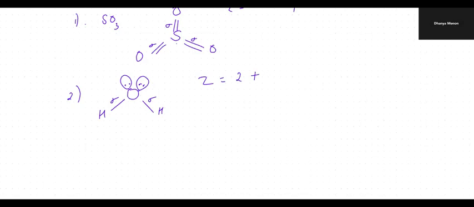They are not asking the number of electrons, they are asking pairs. How many pairs are there? This is 1 pair, this is 2 pairs. So 2 lone pairs. So Z is 4. Right. So 4 means it is 4 hybrid orbitals. It is sp3. And what is the geometry? Tetrahedral geometry.